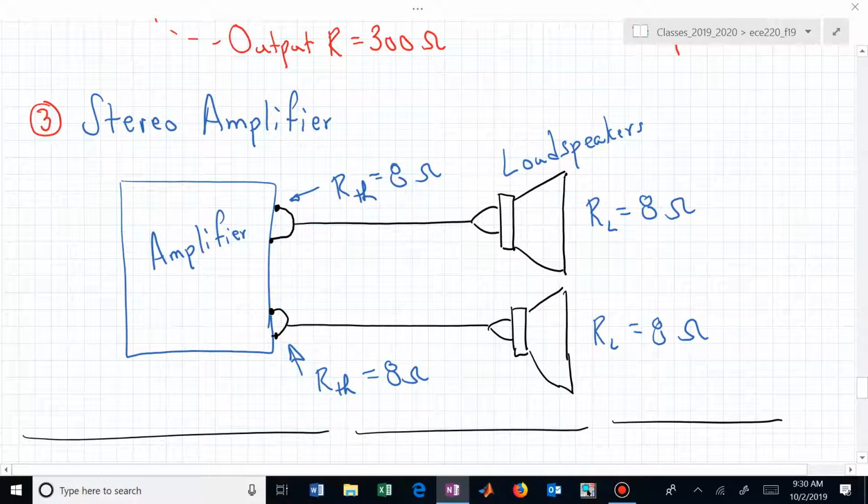So you have an 8 ohm output impedance of your amplifier, and that now is matched impedance-wise with your speakers for maximum communication capability. Another application of impedance matching or maximum power transfer.